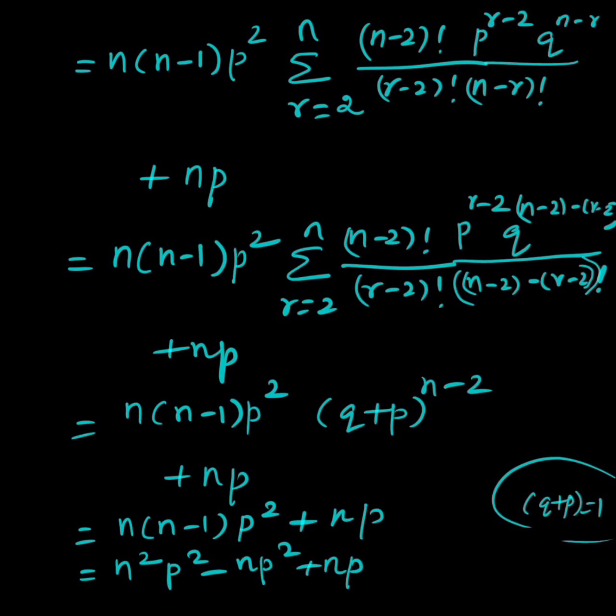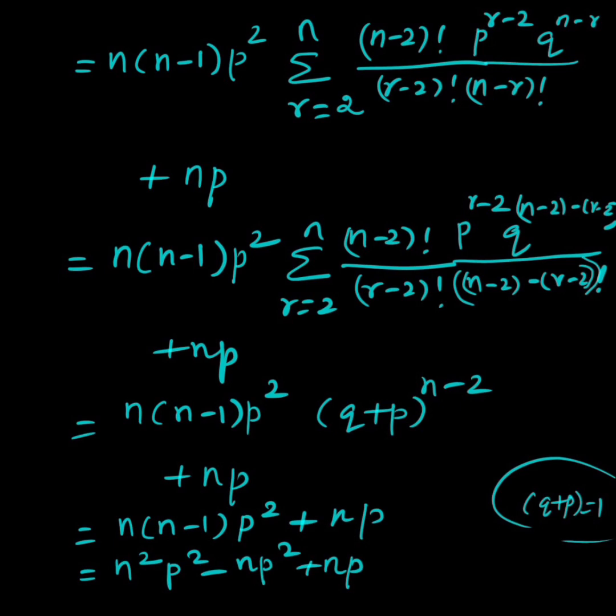Now each of the terms we write in n minus 2, r minus 2 format. So p power r already has r minus 2, q power n minus r, and the denominator n minus r, both the terms are going to be converted in terms of n minus 2 and r minus 2. For that purpose we just add and subtract 2.